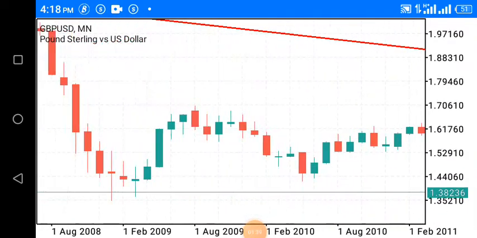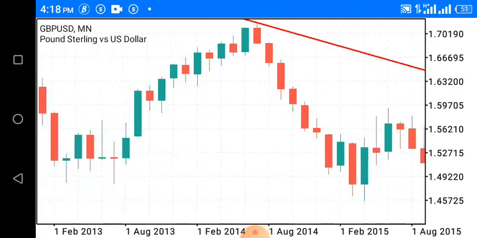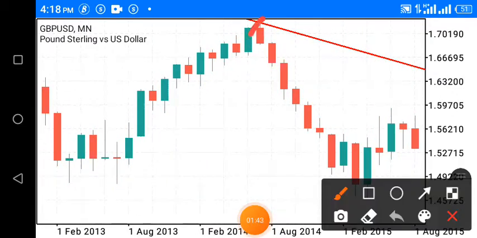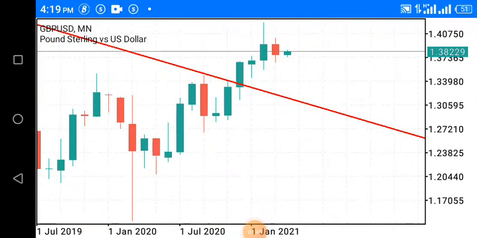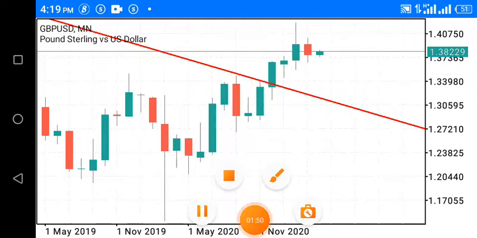Sounds good. I can have my second touch here. That's good. And I also have my third touch right here, third touch right there.